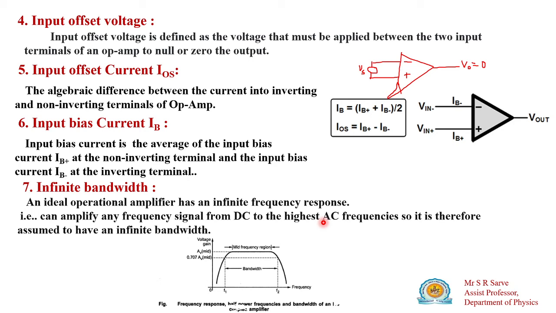So any frequency signal it can amplify. Practically it is not possible, it has certain limitations. It can amplify from a certain lower frequency to a certain high frequency, but ideally what they have considered is that this operational amplifier can have infinite bandwidth, from zero frequency to very high frequency can be amplified through this operational amplifier.